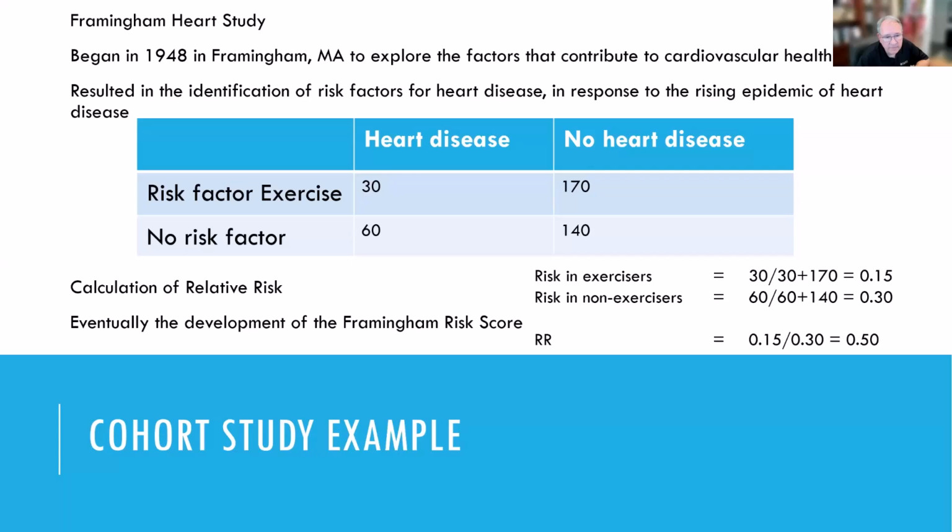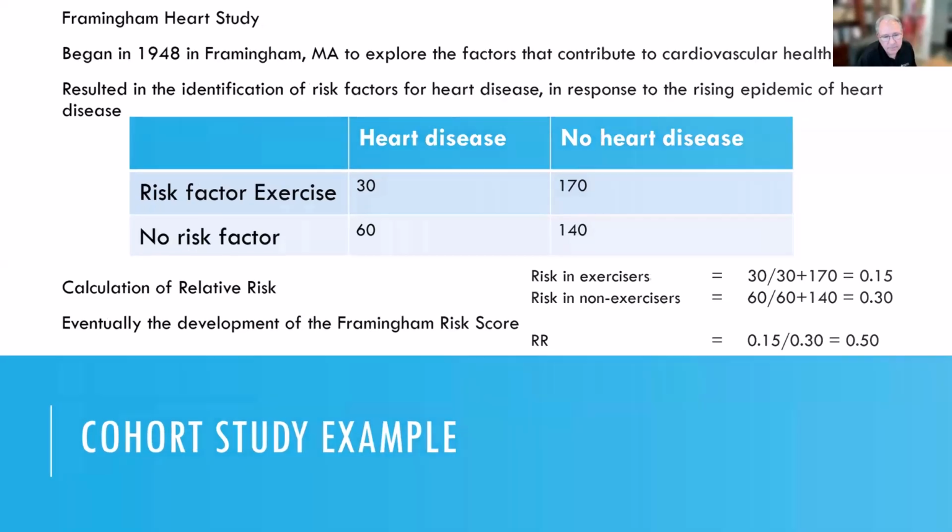So looking at individual factors like exercise, what this is showing is that exercisers have a 50% reduction in their risk of developing heart disease compared to non-exercisers. And of course, they did this with all different types of risk factors, and that's where cholesterol, blood pressure, and smoking were identified as the three primary independent risk factors.